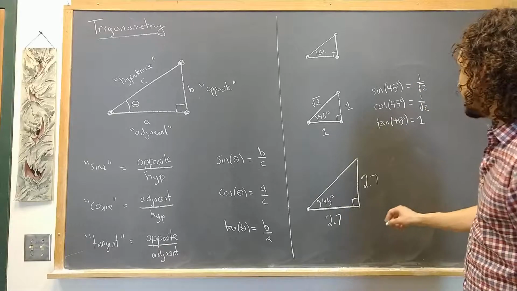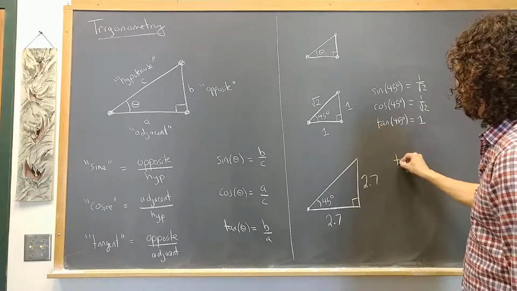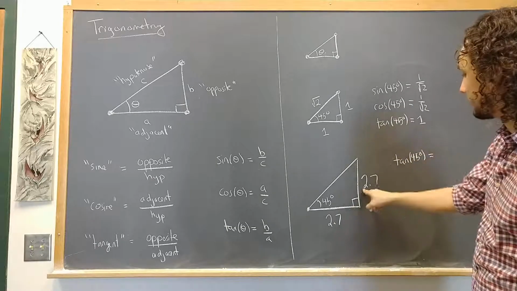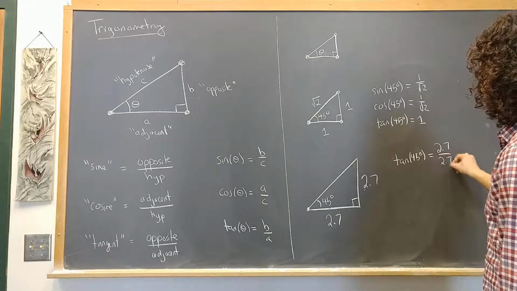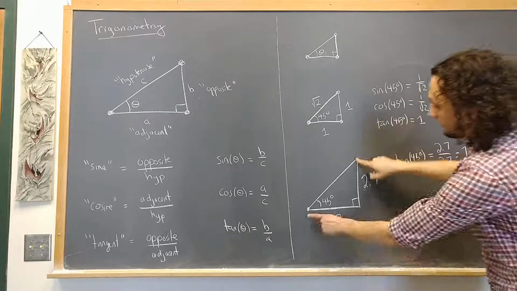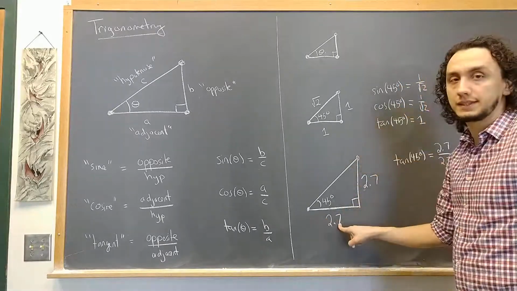And the idea is that, well, first of all, the tangent of 45 degrees, which is equal to the opposite over the adjacent, 2.7 divided by 2.7 equals 1. In other words, the ratio of these two sides, because this is still a 45-degree angle, the ratio of these two sides stays the same.